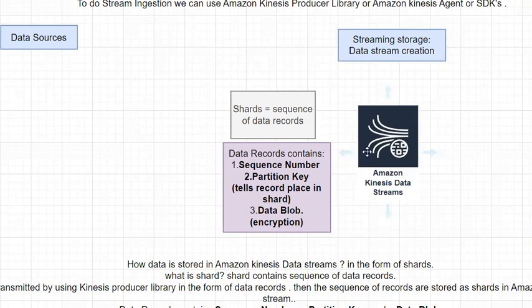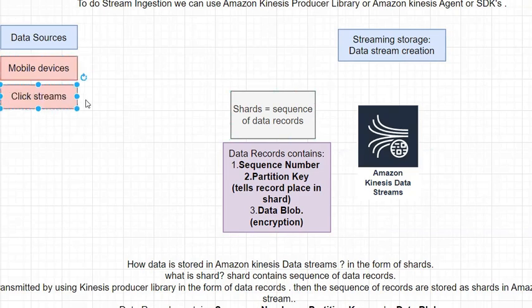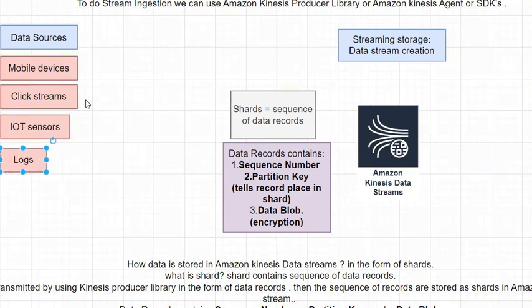Now our data stream is available, and we also know how the data is stored in this stream. So we can store our data in Kinesis data stream, right? Yes. Our data may be generated from one source or multiple sources. It may be generated from mobile devices, click streams, logs, and IoT sensors.